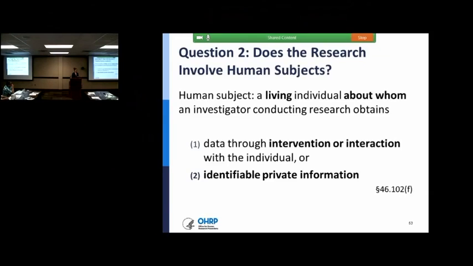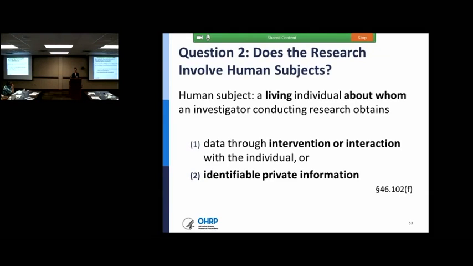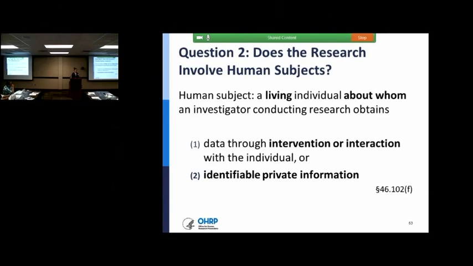So then the second question is, if you determine that it is research, is it human subjects research? A human subject, according to the regulations, is a living individual about whom the investigator obtains either data through an intervention or an interaction, or obtains identifiable private information.